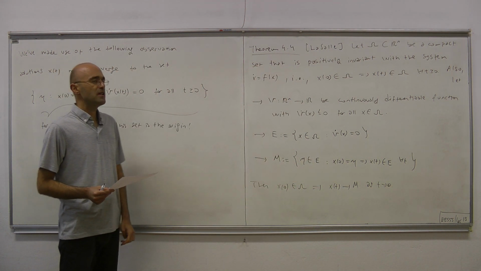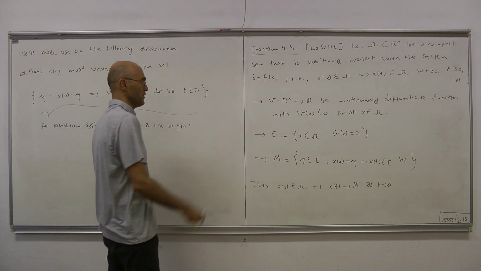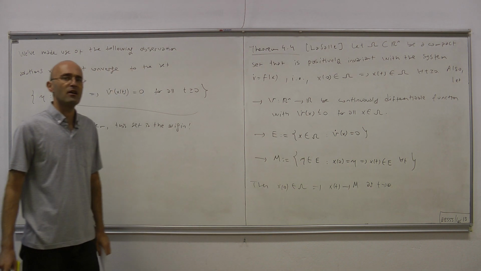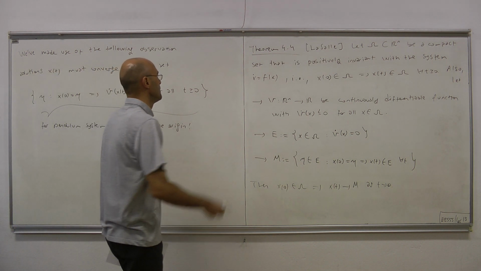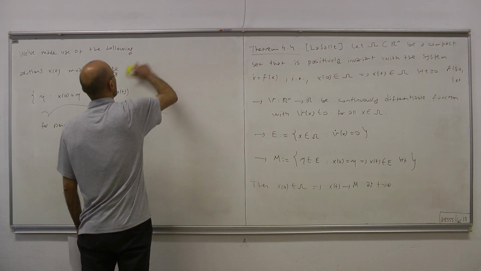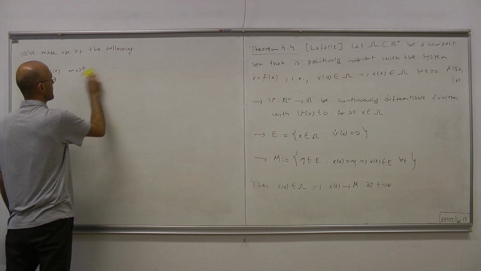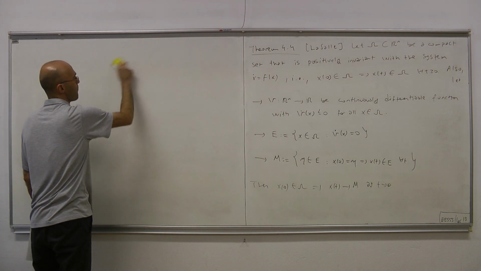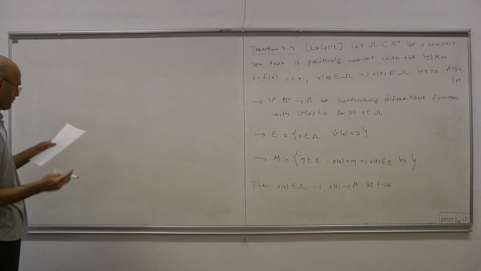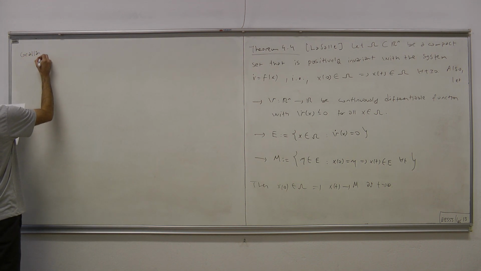Now let's see a few corollaries of this general theorem. Note that there is no mentioning of stability here, but it has very strong implications or uses for asymptotic stability. Here is the local corollary, corollary 4.1.